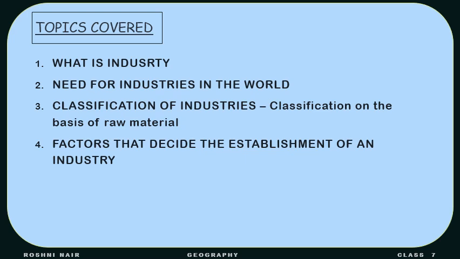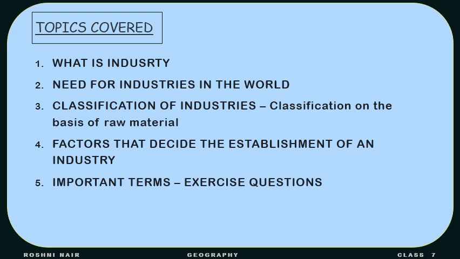That is the fourth topic from this chapter, and all the subtopics are important and also will be covered. After completing the chapter, we will be learning the important terms and exercise questions related to the portion which will be covered. So what are the cancelled ones? Only the two headings, that is classification on the basis of size and also classification on the basis of ownership.